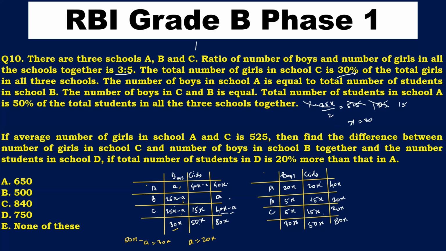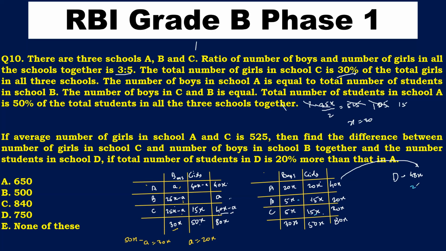So if x is 30, they are asking if in school D, the total number of students is 20% more than A. 20% more than A means 48x. Then what is the difference between number of girls in school C, that is 15x, and boys in school B, that is 5x.